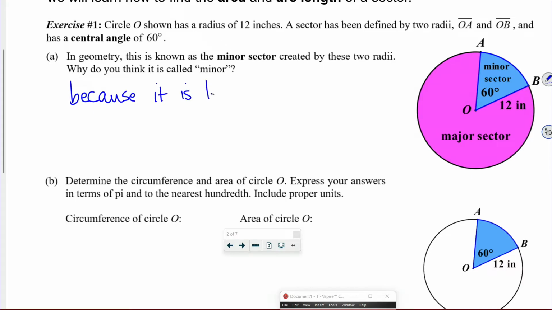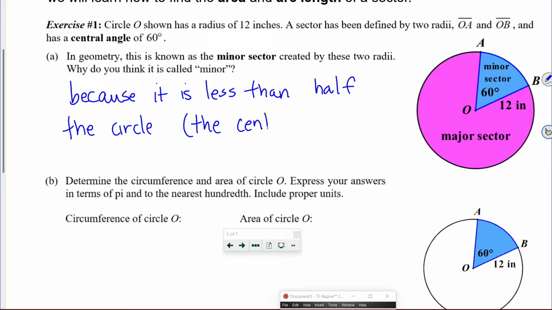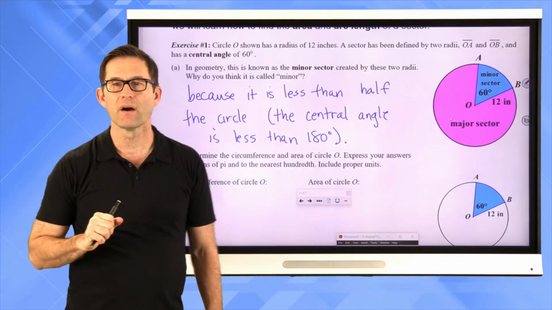And I'm going to add something else. The central angle is less than 180 degrees. All right?